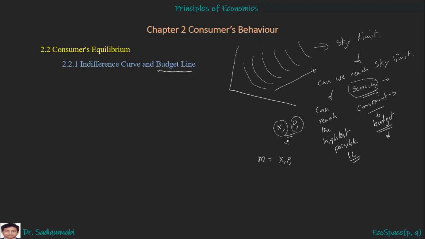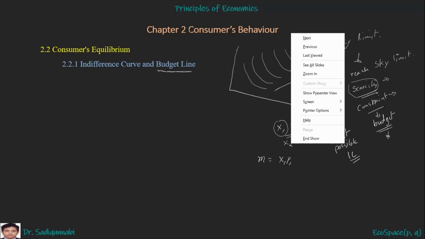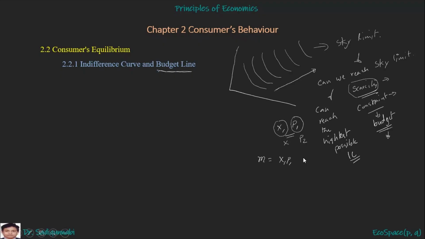And if the price of the second good is P2 and the amount is X2, the per unit price is P2, then the total amount of money spent on the second item is P2 X2. We can write it in a nice way: M equals P1 X1 plus P2 X2.